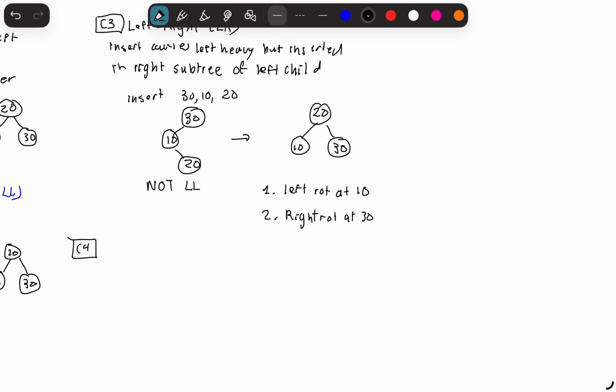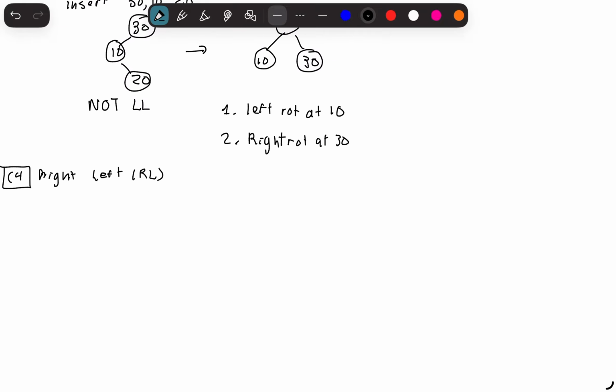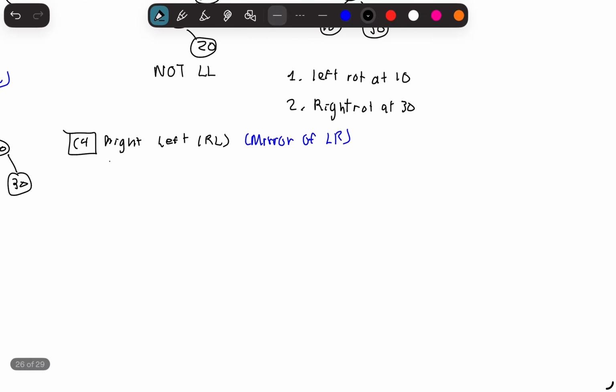So case 4 is your right-left, RL, and this is going to be a mirror of LR. This is going to be when you insert 10, 30, 20.